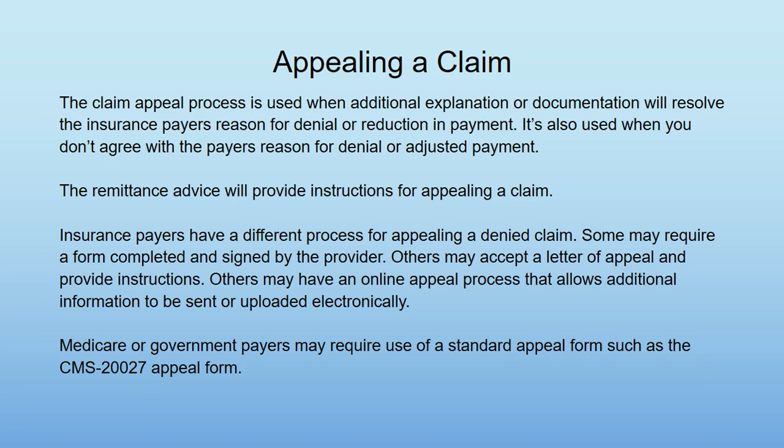So the appeal process is very helpful in resolving unpaid claims or reduced payments for claims, and it's important to know how to navigate the appeal process for each payer. We go into that in a little more detail in our fundamentals course.